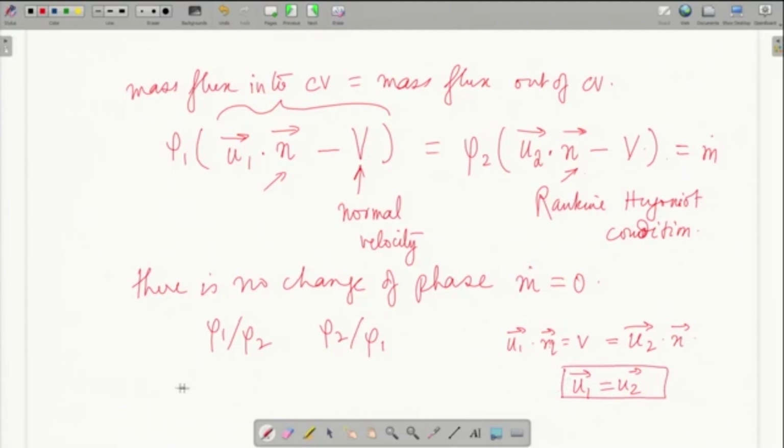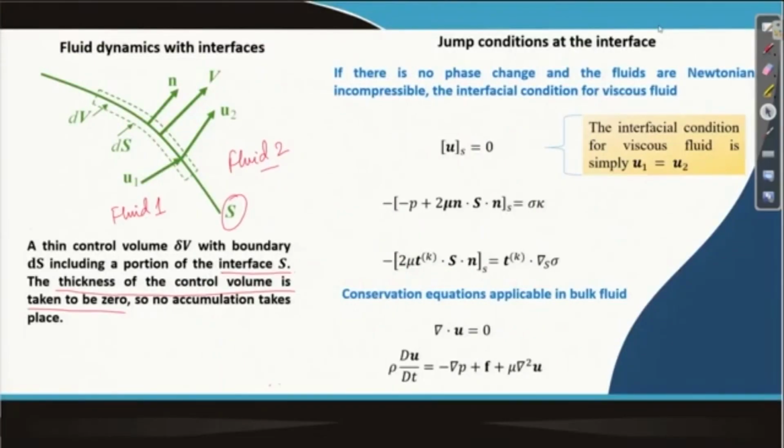Now, you can represent this information in a more compact nomenclature, which is the nomenclature of the jump condition. So the jump in u, expressed as a square bracket across this surface S, is equal to 0. This is the concept of mass conservation across this interface, and you may recall that this was the nomenclature used in the previous case.